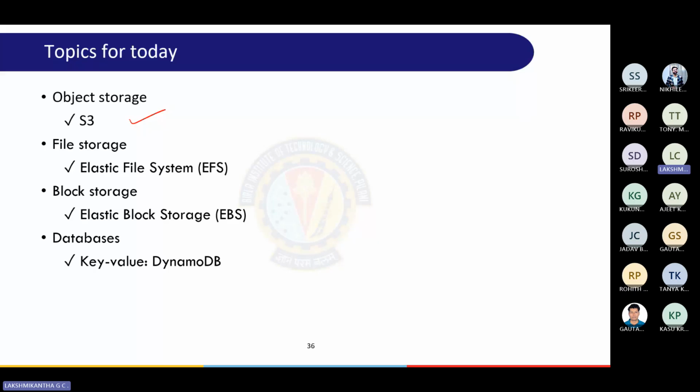One is object storage, here we are discussing S3, and second one is file storage, here we are discussing EFS. Third one is block storage, we are discussing EBS, and fourth one is databases, so we are discussing DynamoDB. Okay, so let's start our deep dive into the workhorse of cloud storage, that is your S3.